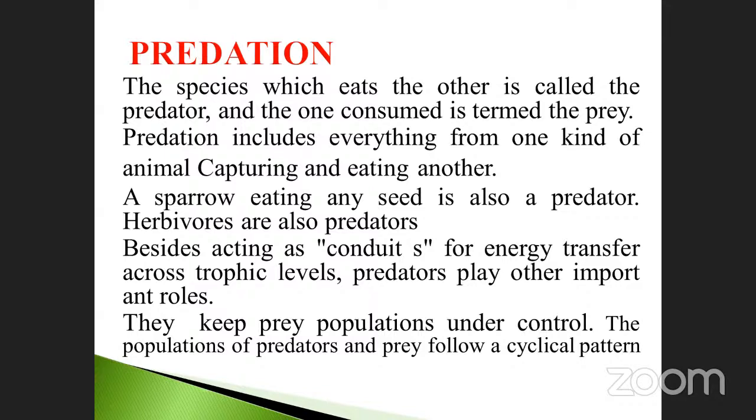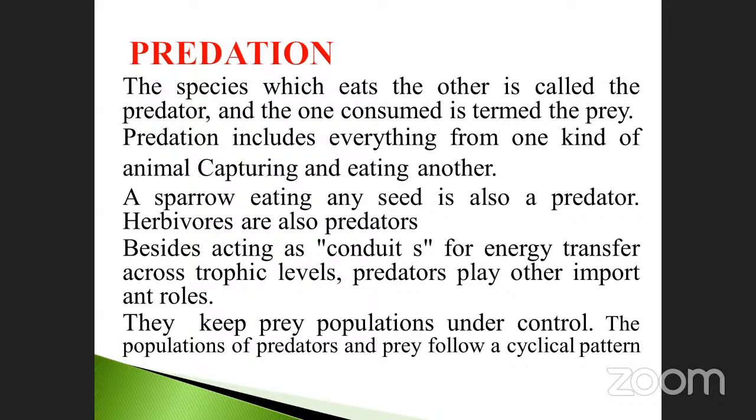Predator is nothing but the lion is the predator. Prey, which one? Deer is the prey. Predation includes everything from one kind of animal capturing and eating another. Example, a sparrow eating any seed is also a predator. Herbivores are also predators.